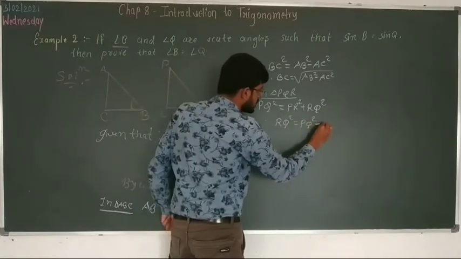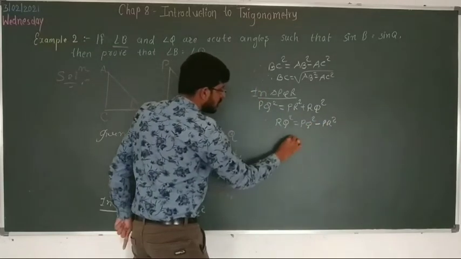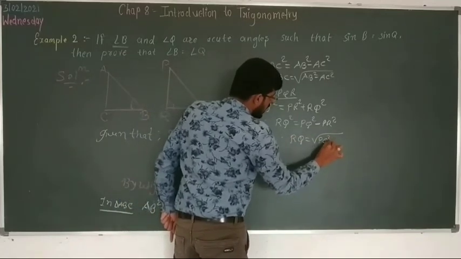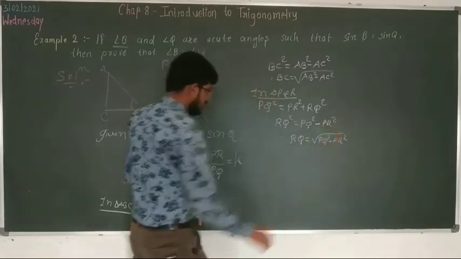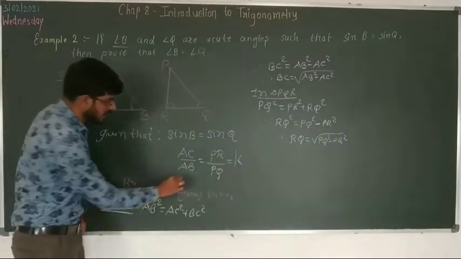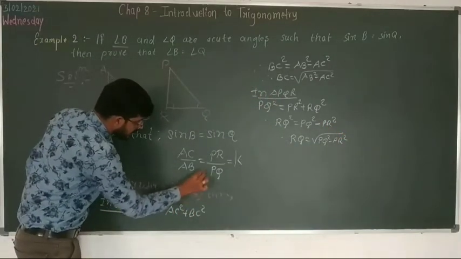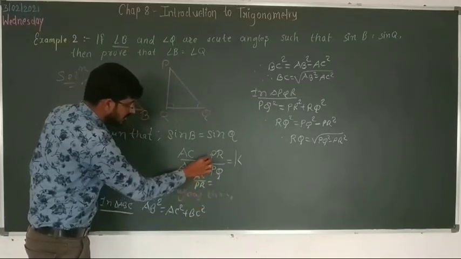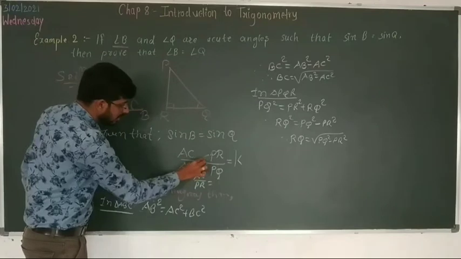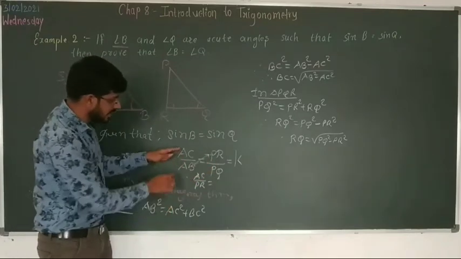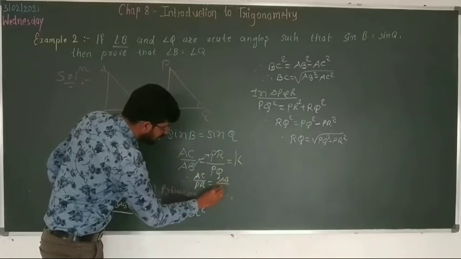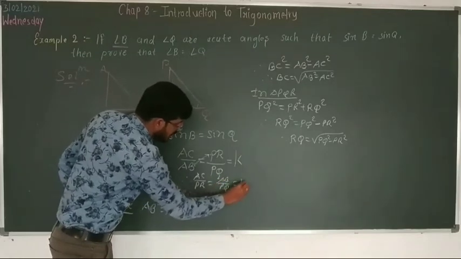So RQ is equal to under root PQ square minus PR square. Now simplify here. So we get AC upon PR is equal to AB upon PQ, which is equal to K.